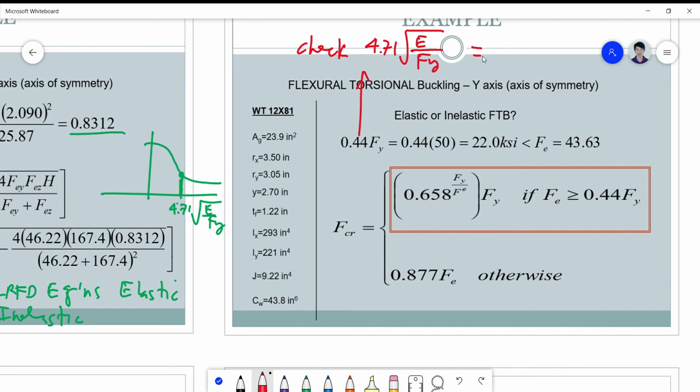So, ano yung lumabas kanina? 136. 113 point. May point ba yun? Sakto ata yun, eh. Okay, so yan din yung basis mo dito. Yun din. So, ngayon, dito ang kinumpare niya yung 0.44 Fy tsaka Fe.